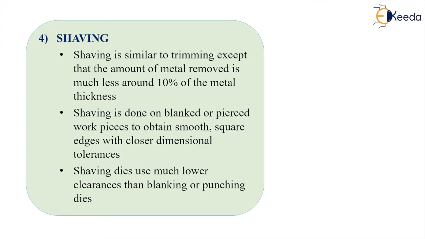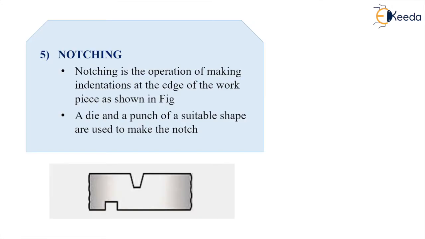It will create smooth square edges with closer dimensions. Shaving dies use much lower clearance than blanking or punching dies. So one of the properties of the shaving die is that it has a much lower amount of clearance than punching and blanking dies.